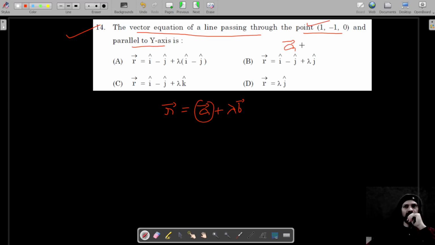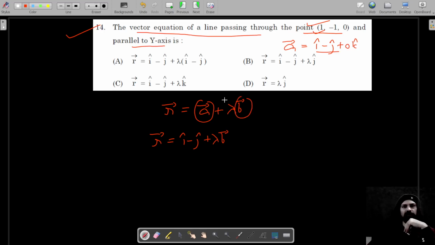The position vector of this point is a vector, which becomes i cap minus j cap plus 0 into k cap. So r vector is equal to i cap minus j cap plus lambda into b vector.